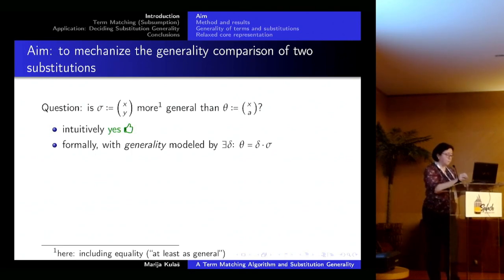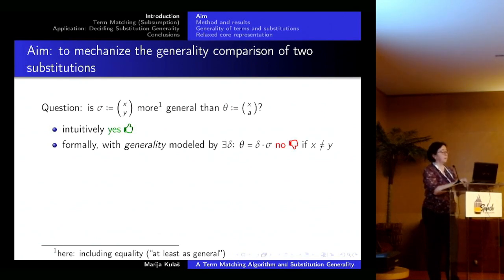So if we accept this definition of generality, and so far as I'm aware, there is no other, then this substitution is not going to be more general, right?